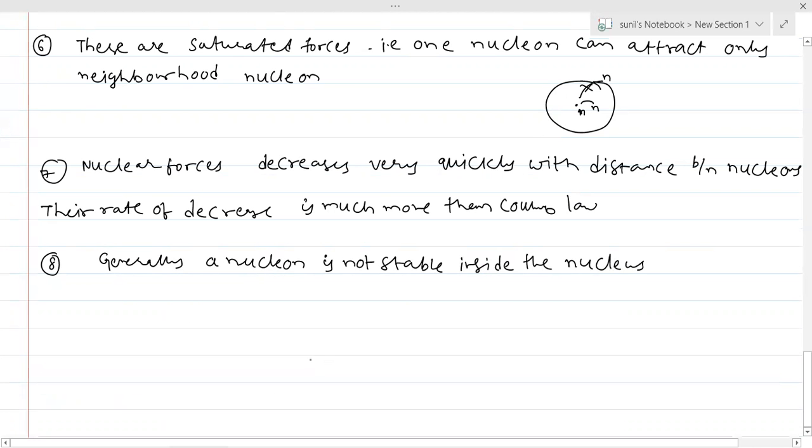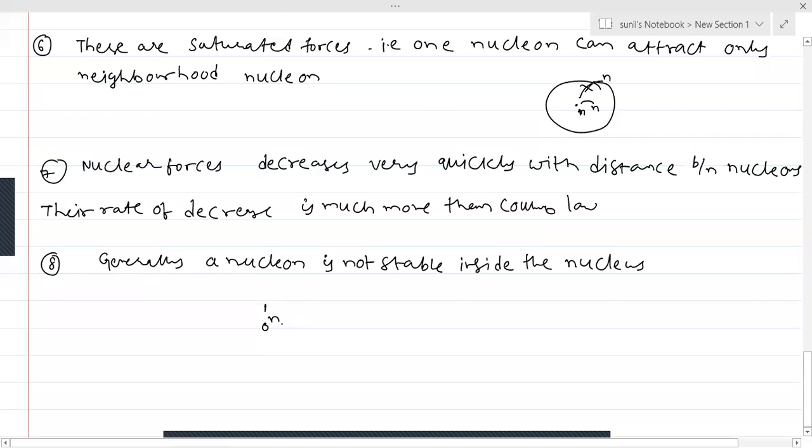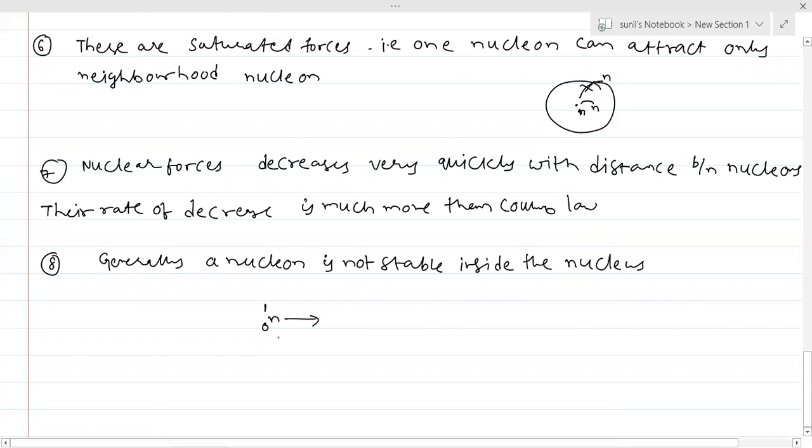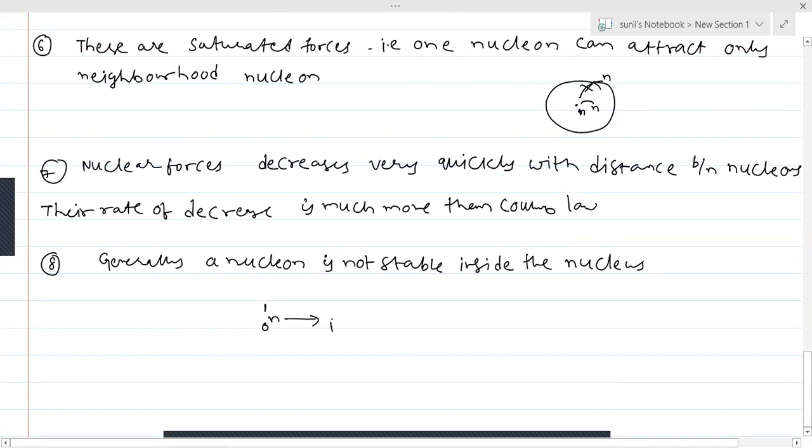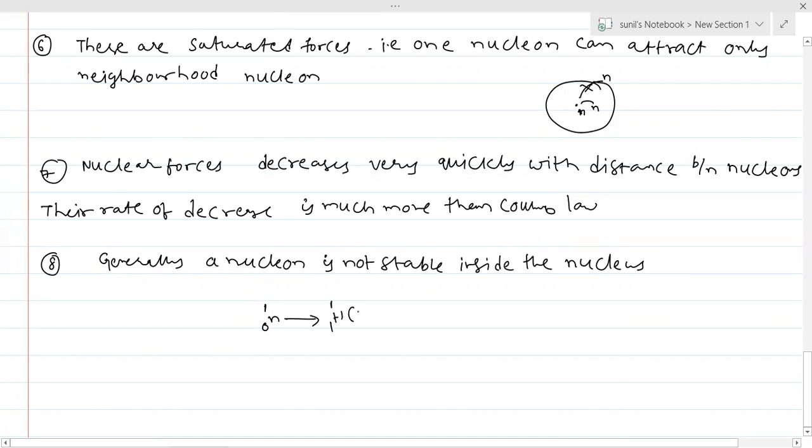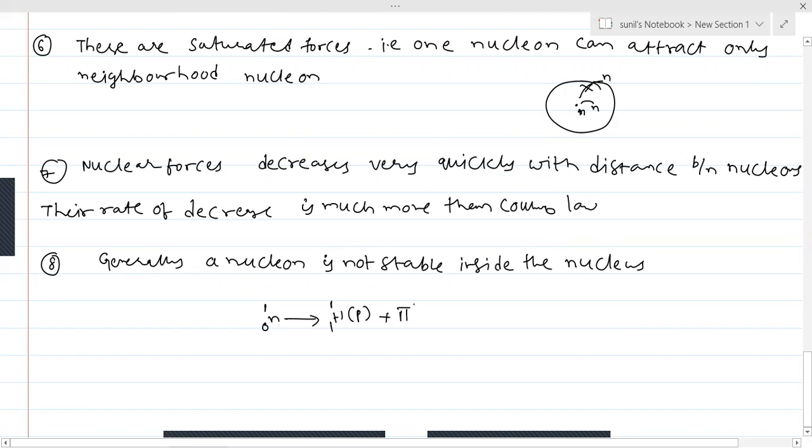That means a neutron is always converted into a proton, and a proton is always converted into a neutron, continuously. This is a continuous process. The neutron, 0n1, is converted to a proton, that is 1H1, plus pi minus. Pi minus is nothing but a pi meson, a fundamental particle.